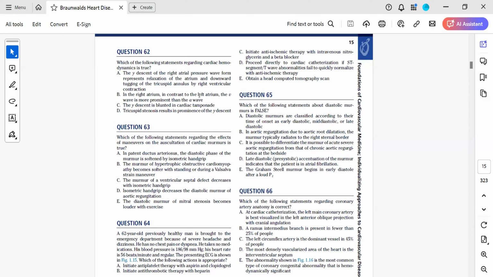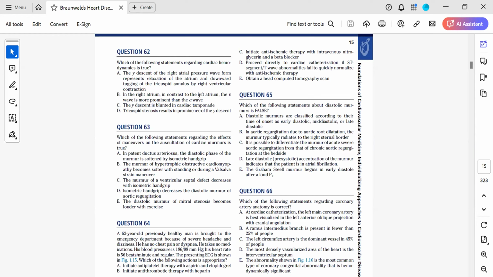Option C, the murmur of a ventricular septal defect decreases with isometric hand grip. I think this is also false. Yeah, I think so. Then D, isometric hand grip decreases the diastolic murmur of aortic regurgitation.